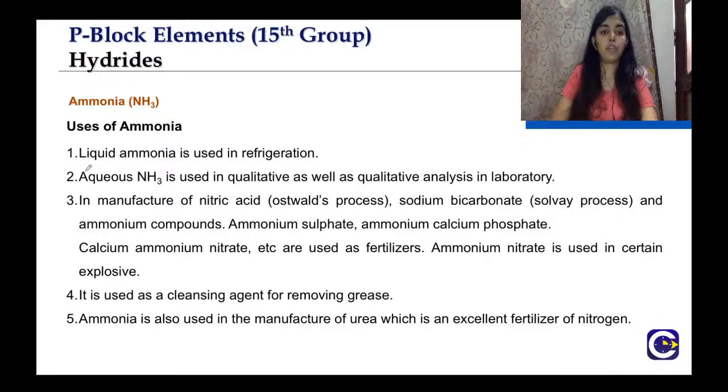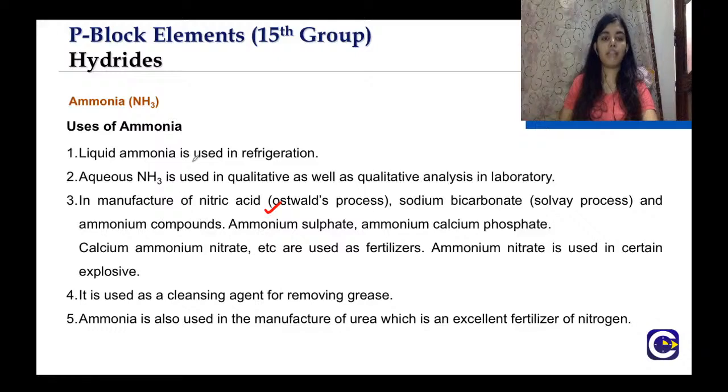Now uses of ammonia we have already done. Liquid ammonia is used in refrigeration. Aqueous ammonia is used in qualitative as well as quantitative analysis in the laboratory. In manufacture of nitric acid, that is Ostwald process, and sodium bicarbonate, you must have done it in your 11th class, I guess, right? That how you can form sodium bicarbonate through the Solvay process, and ammonium compounds.